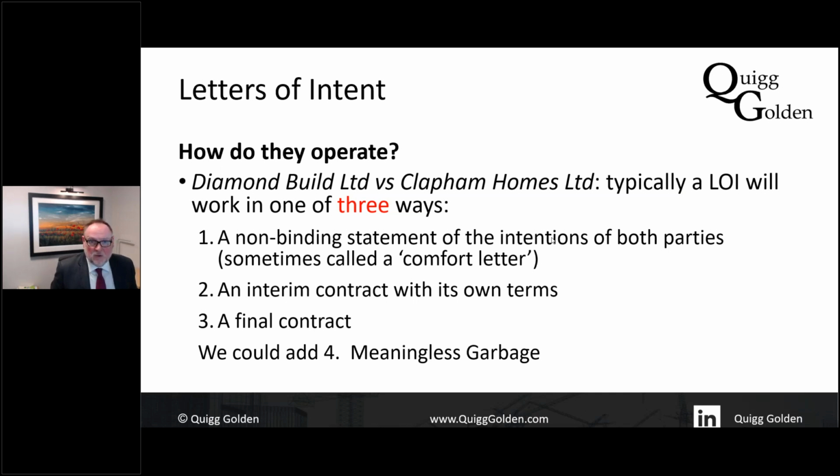The first is that it's a non-binding statement of the intention, or a letter of comfort. Secondly, it could be an interim contract with its own terms and conditions. Thirdly, it could be a final contract. And lastly, I think I would add a fourth category, which is it can actually be meaningless garbage. So we have to be a little bit careful about how we draft these.